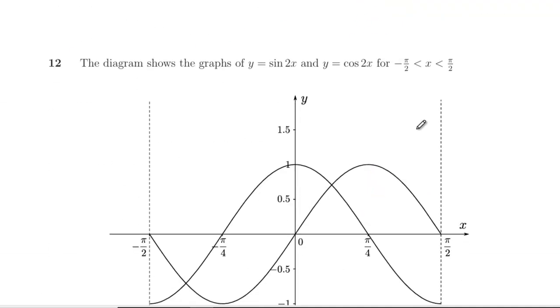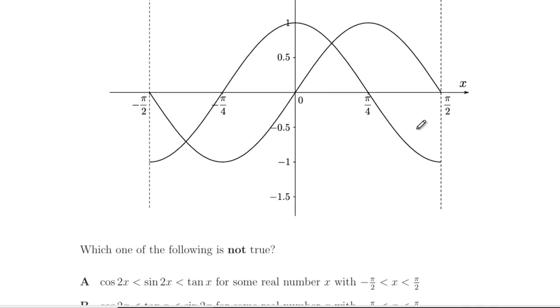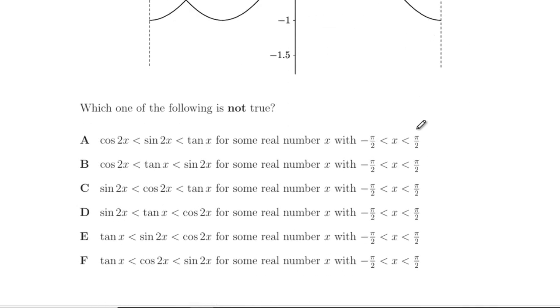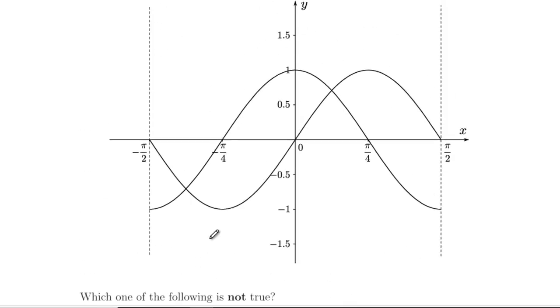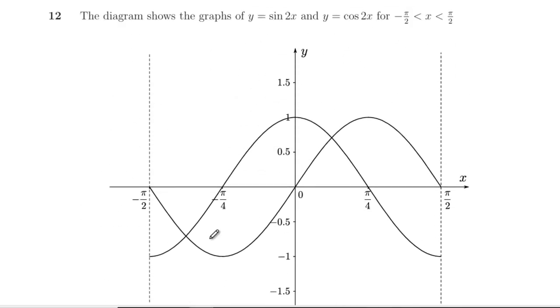Question 12. The diagram shows the graphs of y equals sine 2x and cos 2x between minus pi by 2 and pi by 2. Which of the following is not true? So in those ranges, they're comparing cos 2x, sine 2x, and tan x. Right, let's draw tan x on then. That's just tan x, not tan 2x.